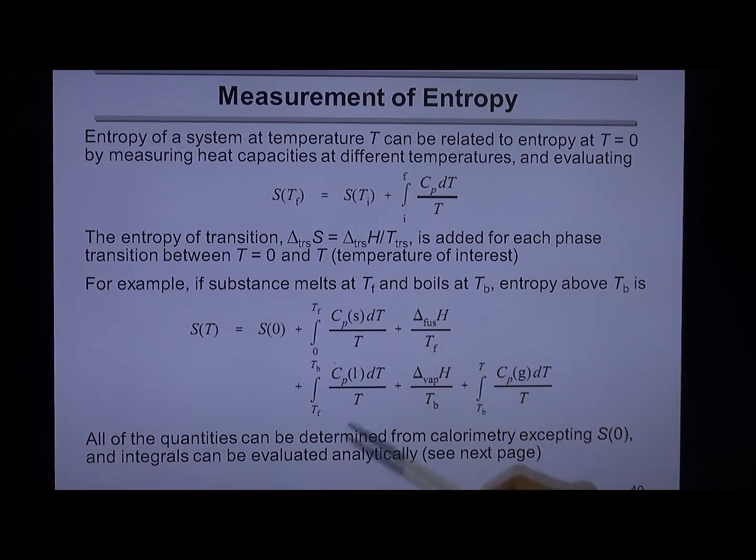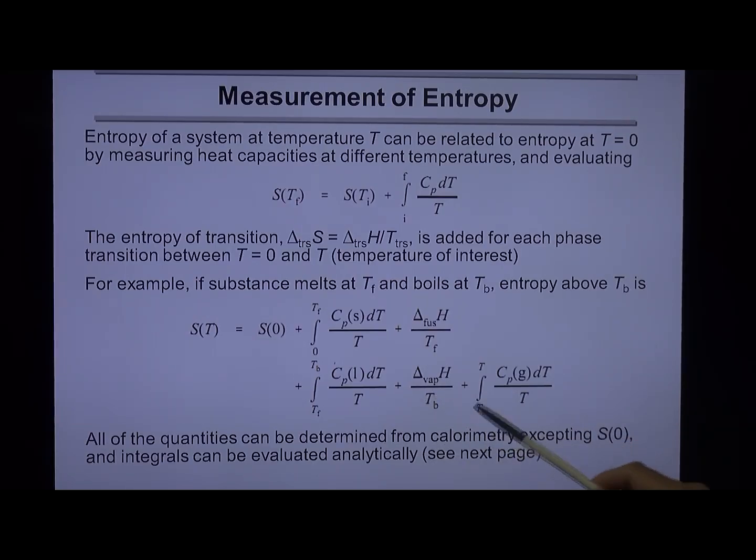From melting to boiling, the material is liquid, so if you have the heat capacity at constant pressure for the liquid, you can use this integration to calculate entropy change. And at the boiling temperature, boiling occurs, a phase transition, so we can calculate entropy change if we know the enthalpy change of vaporization at the boiling temperature.